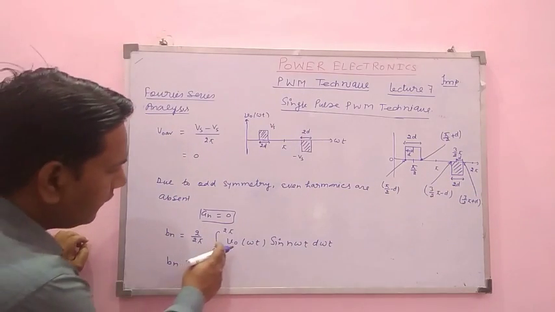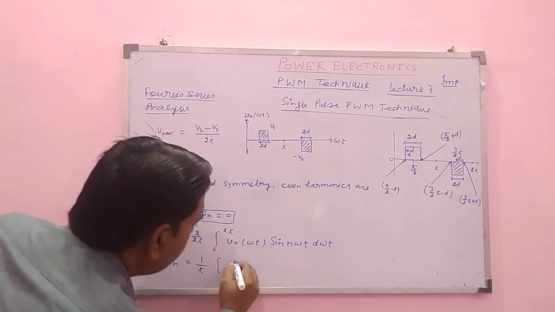So we can break this integration from 0 to 2 pi into two intervals.